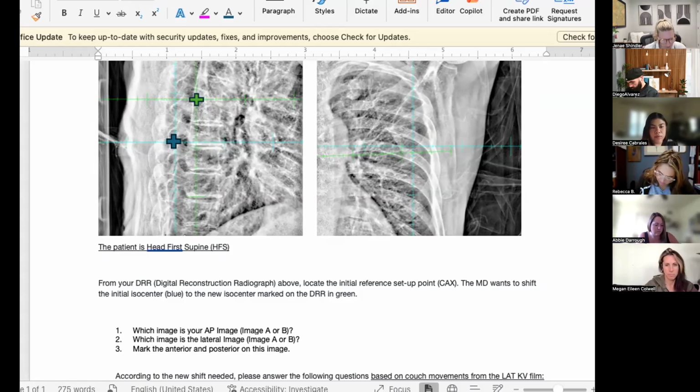Patrick, let's go back to this lateral DRR. Now, would you be moving the couch up or down? So if your gantry is situated on the blue and you need to go to the green, would it be an up or down movement from the table?